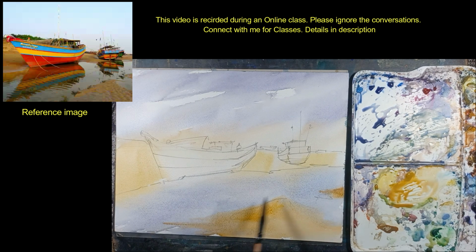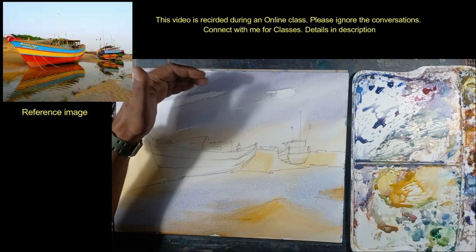Acha, in this water effect also I can see that there are areas where we have an impression of the sand. So let's put the impression of the sand in those areas. The rest of this area I'm leaving as it is. So right now what I did was cover 80% of the paper.